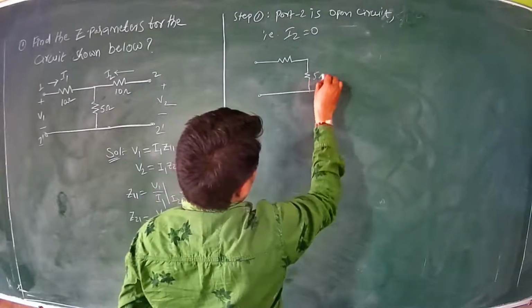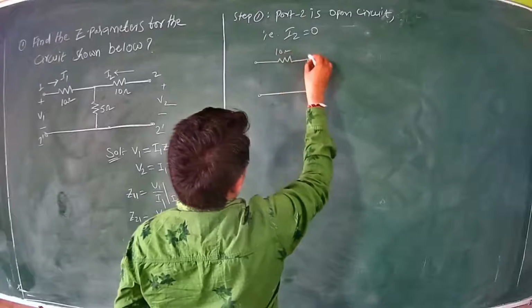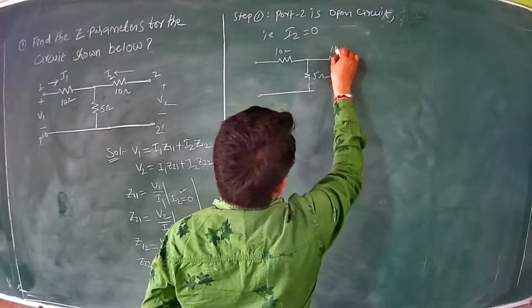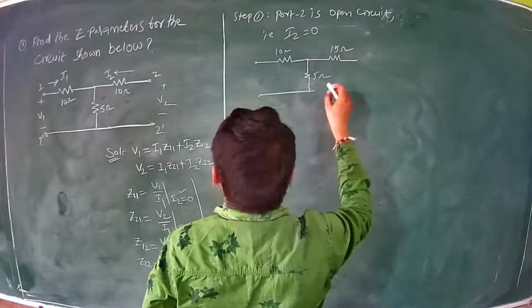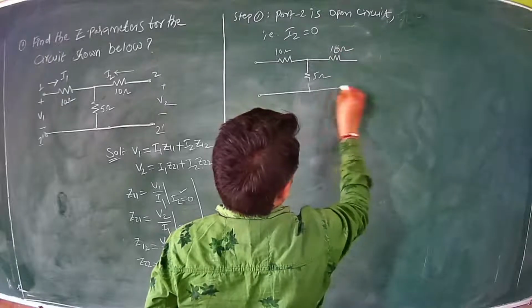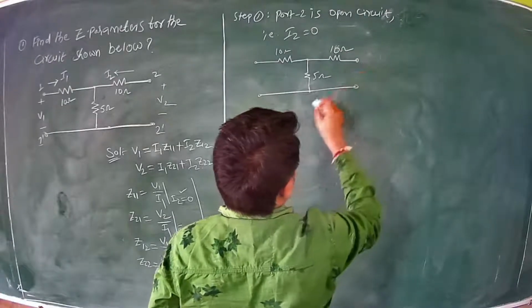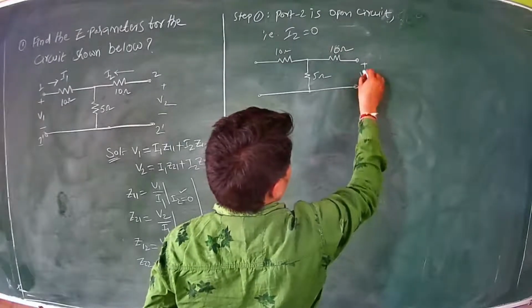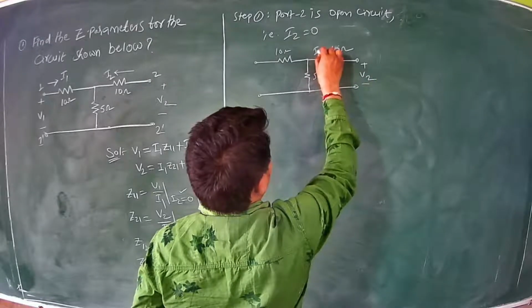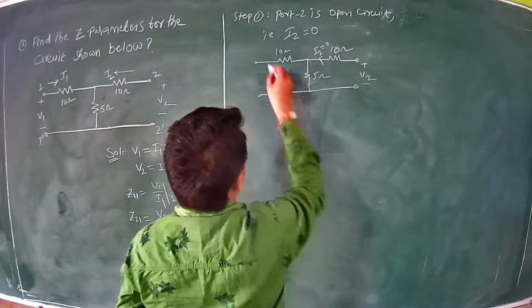5 ohms, 10 ohms, and this is also 10 ohms. Now the voltage at port 2 is V2, and this is open circuit, therefore the current I2 equal to 0.